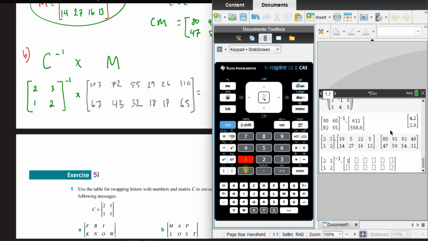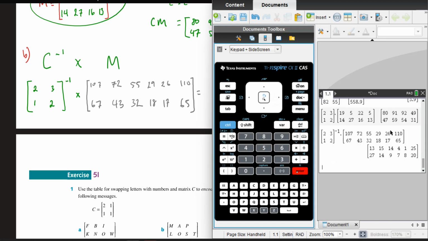So 107. And yes, you're going to have to show all of this in your working out. You don't have to multiply it by hand yourself, because that's going to take a while, but at least put these into your calculator. The numbers can be a bit tedious, but just make sure you watch out for them and get them all right. Then you multiply them together, and there it is.